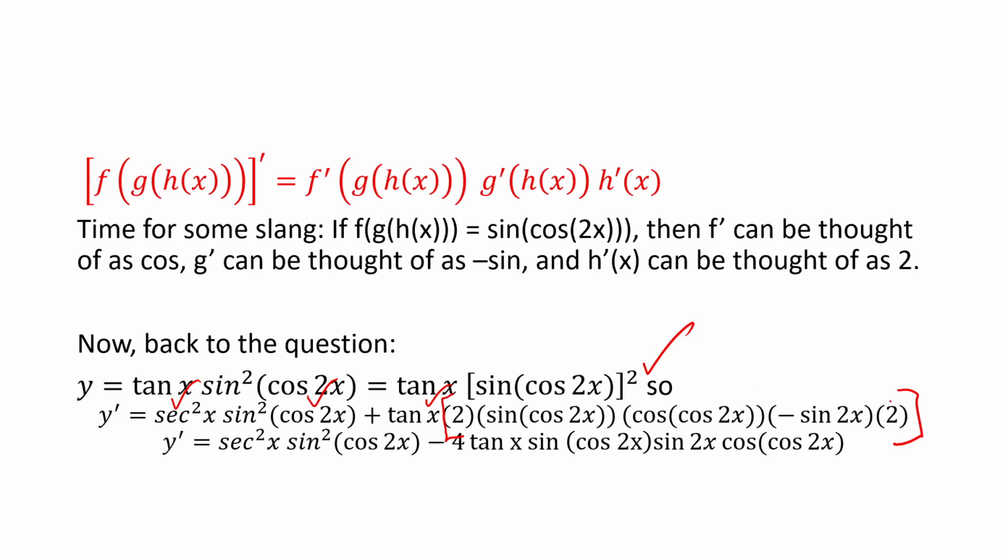And when you see that, you can take this 2 and this -1 and this 2 and multiply them together, and it becomes -4. We still have that tan x, which is right there. And then we have everything else inside that we haven't yet pulled out. And we have this expression here. And that's the derivative of the original y.